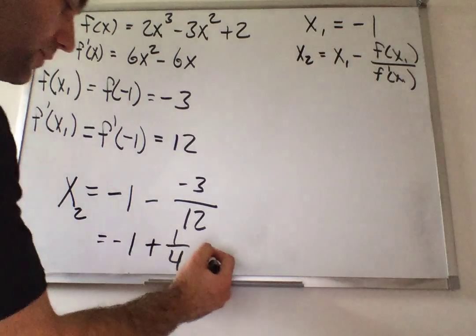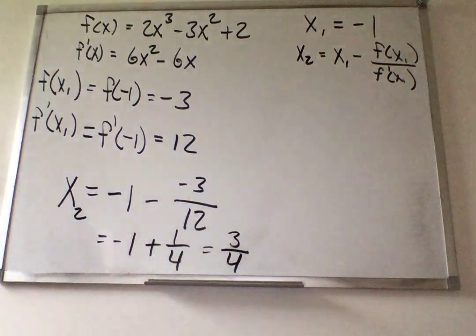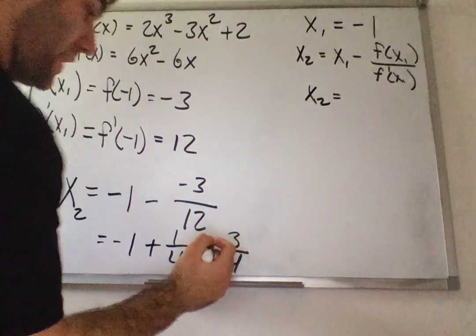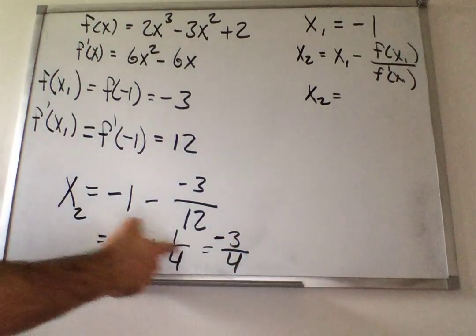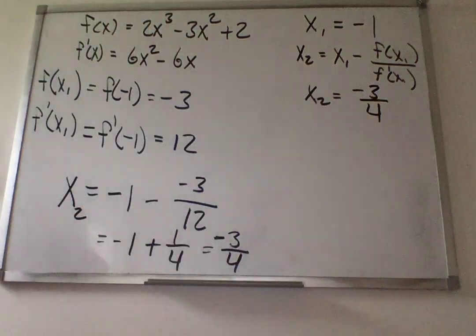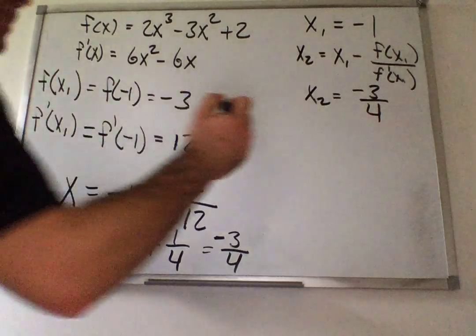Negative 1 plus 1/4 is 3/4. Or sorry, negative 3/4. Negative 1 plus 1/4 is negative 3/4. So here's our second iteration.